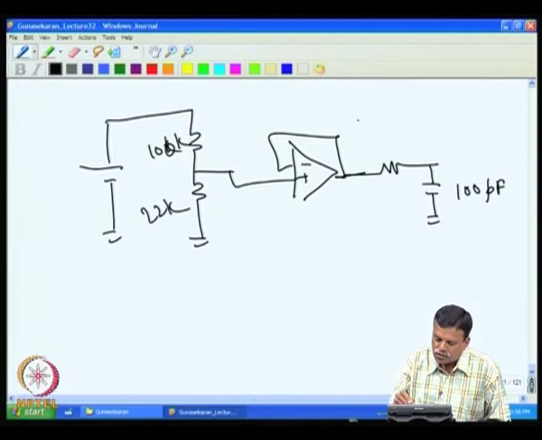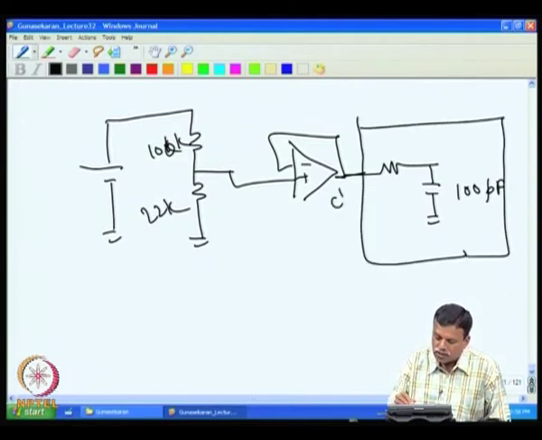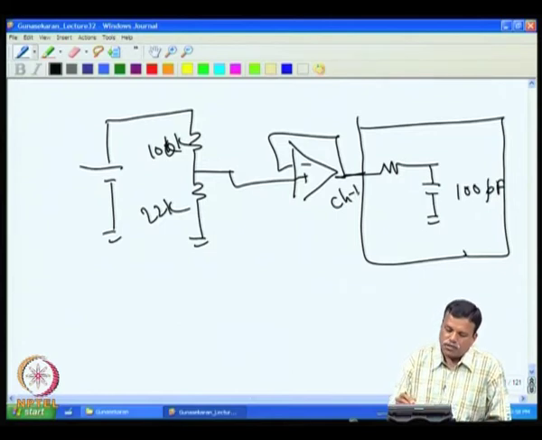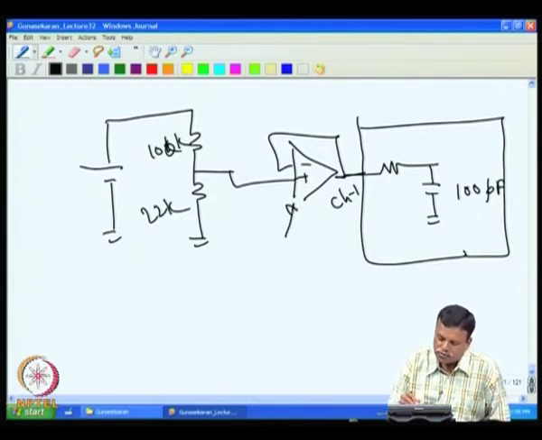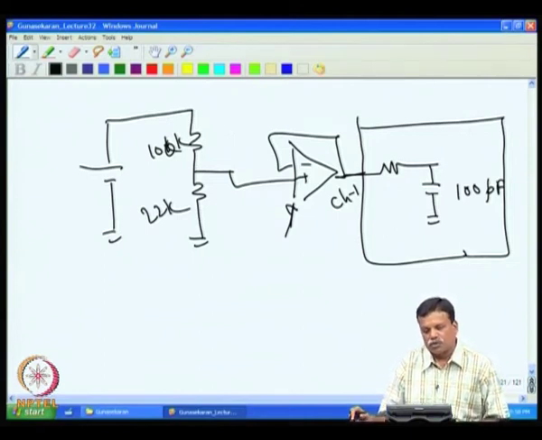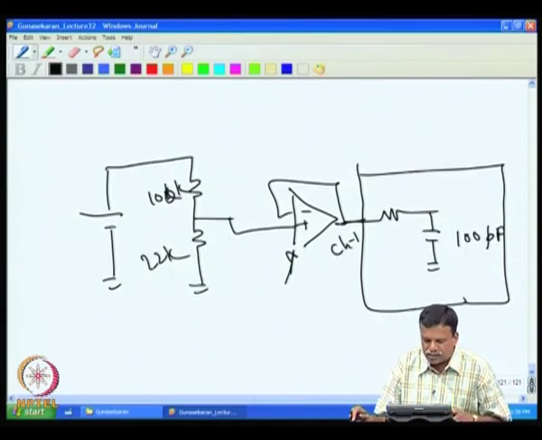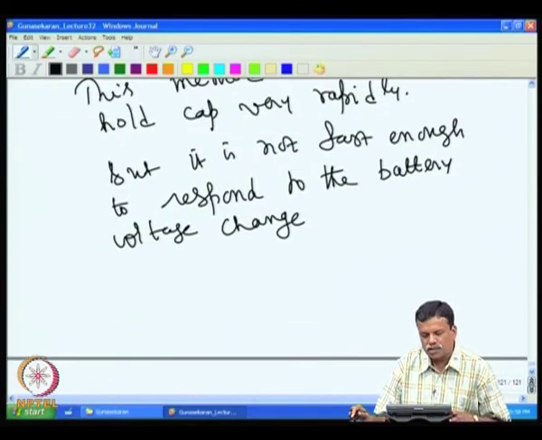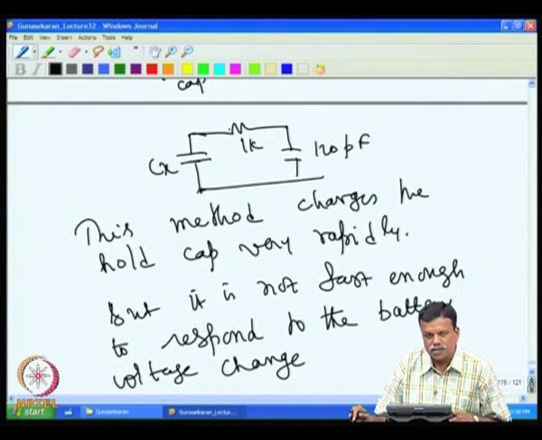This goes to channel 1. The voltage follower gives a very low output impedance and preserves the voltage, and this works extremely well and reduces the charging time enormously. Practically, this is one of the possible ways of reducing the whole time.